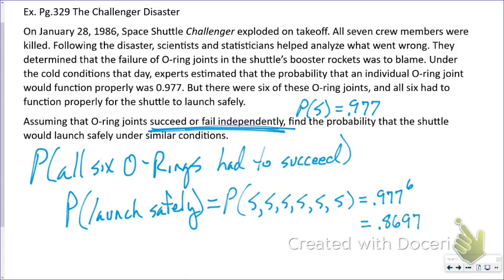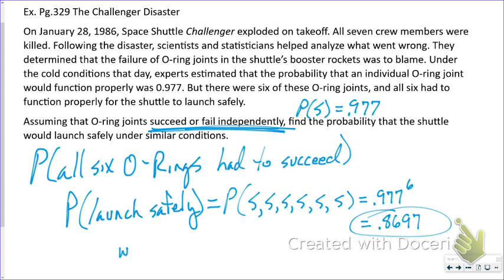When we do that, we get 0.8697. And sadly, that probability is pretty low, I think, in speaking of living versus dying, because that means there's a 13% chance of failure. So pretty sad. Of course, that's hindsight. I hope they didn't know these exact values beforehand, but there it is. So I'm going to make another note.